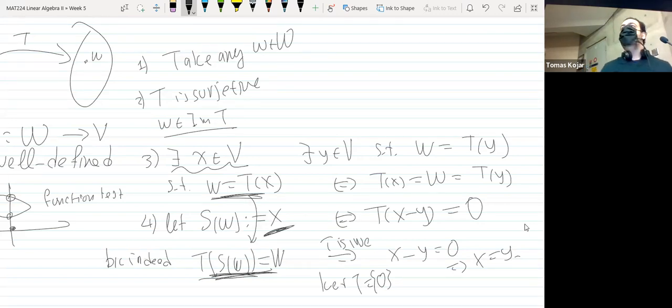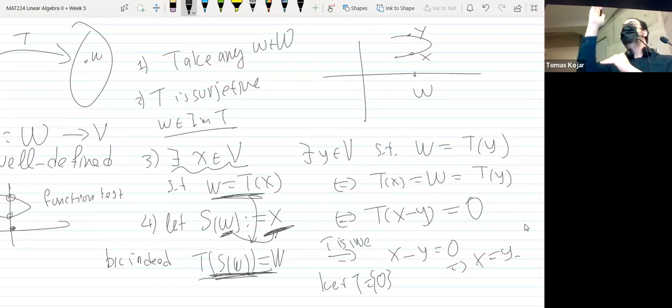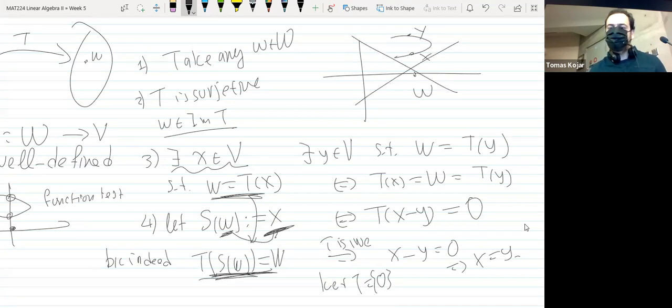So it passes the function test because it maps W to a unique element X. You don't want to have the situation where W gets mapped to X and Y, because then it will fail the function test. That doesn't happen here because X is Y. So that's how we build the inverse. You need bijection. Is that okay?